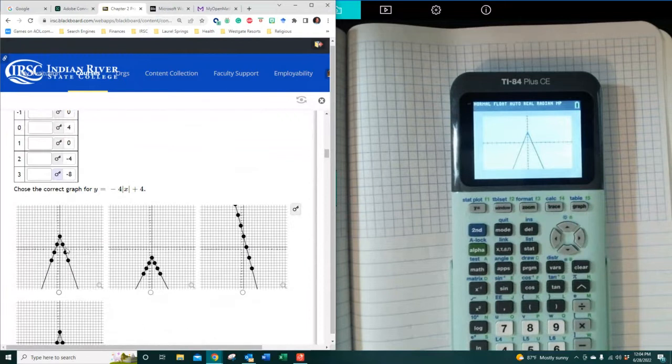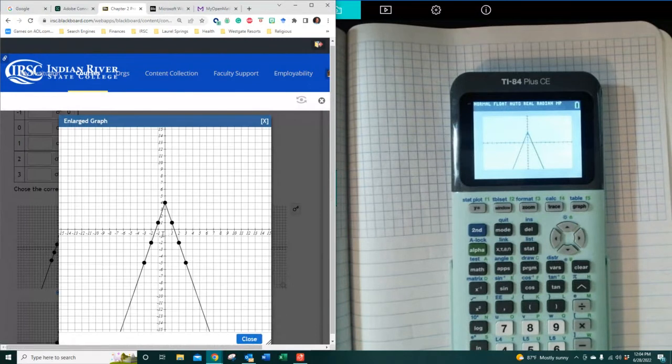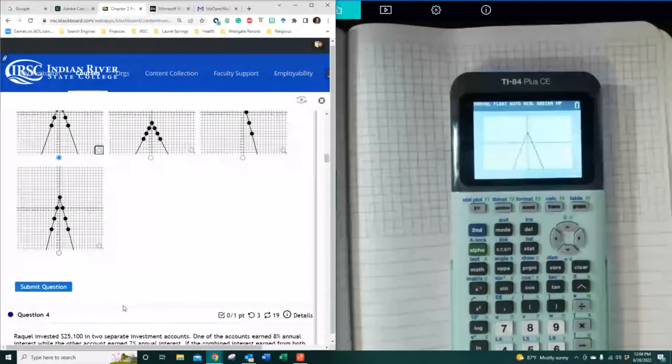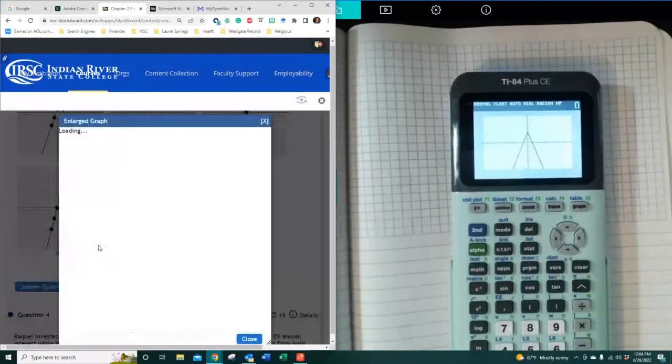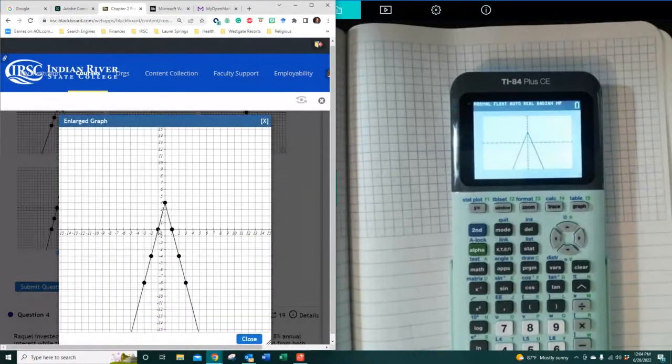So we zoom in and we see that at the input value of -1, it's not 0. -1 and 1 aren't 0 here, so that's going to be a throwaway. So we want to come here and look at this one, and we would see that at -1 and 1, they are both zeros. So that's the answer we're looking for.